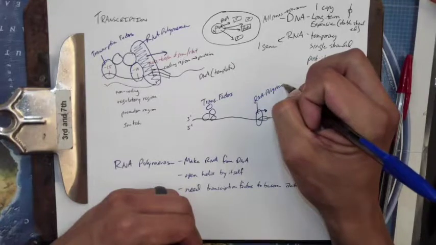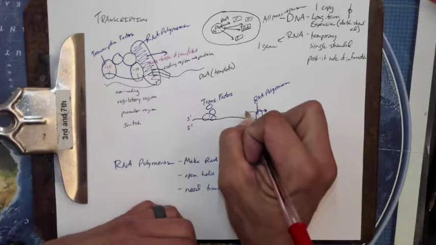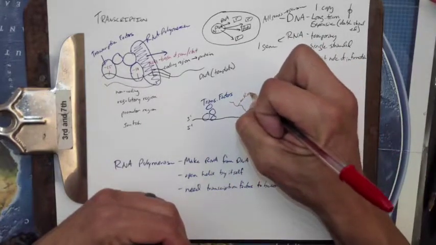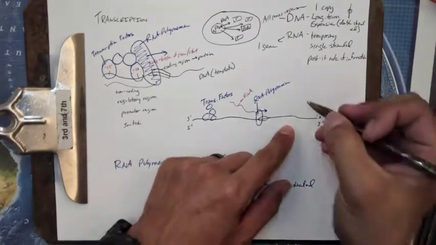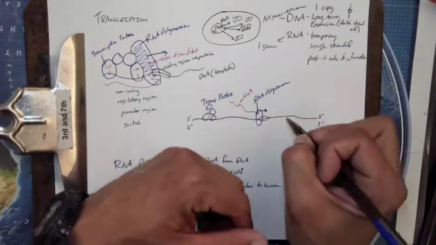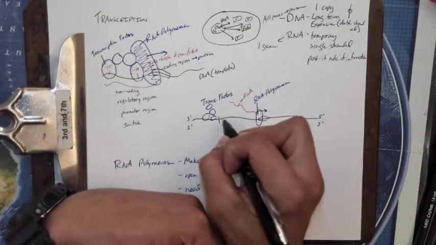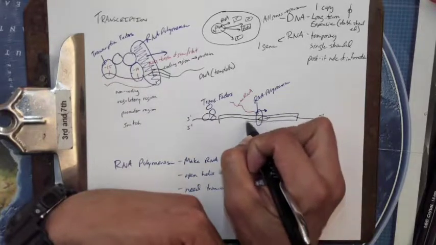And as it zips along this DNA, it is making RNA. And the RNA is just going to be kind of like trailing off behind it until the RNA polymerase gets to the end of the gene. That means the coding region would have already passed back here. And let's imagine this coding region extends to this point.